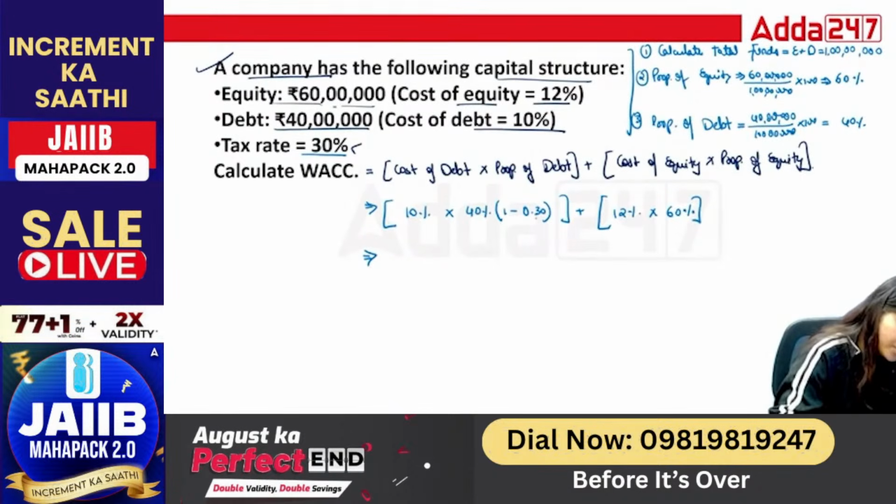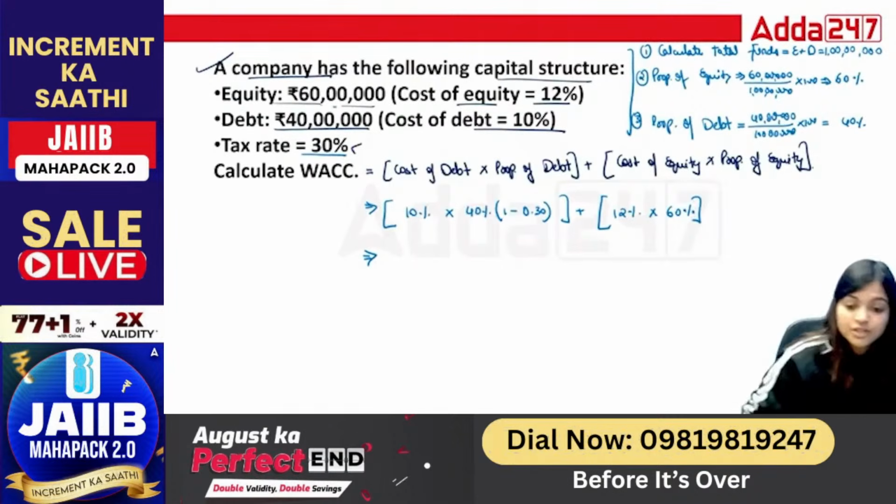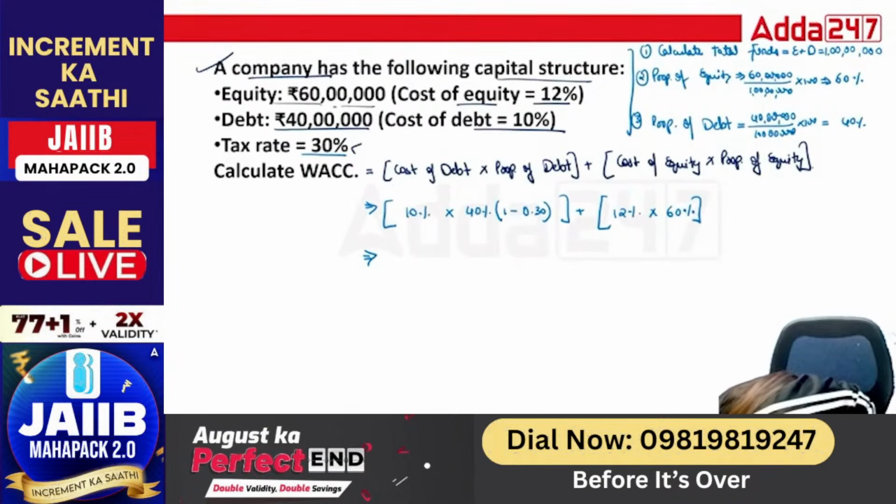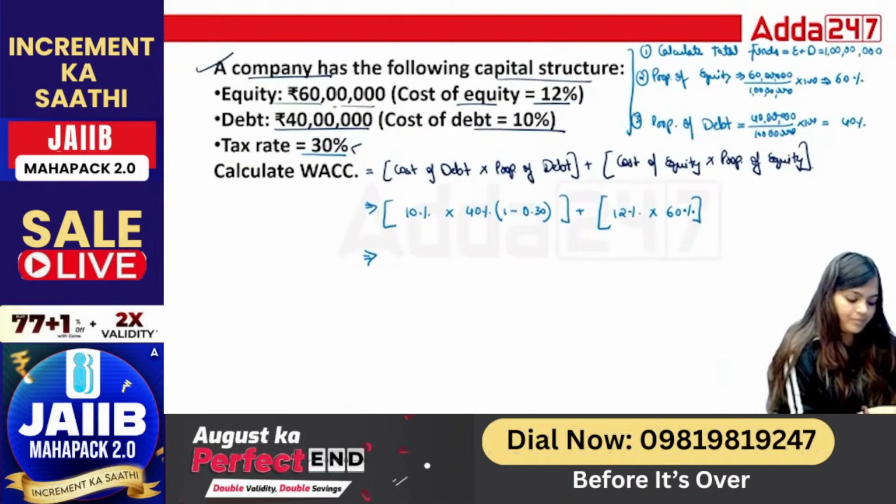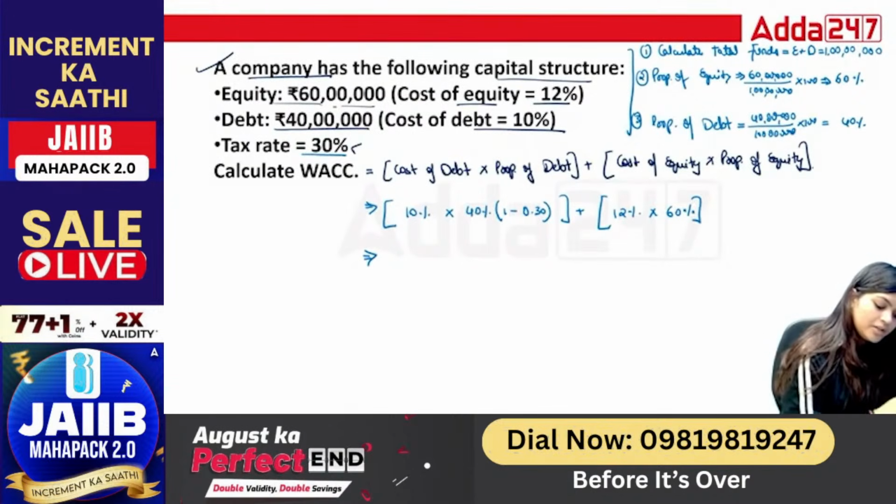So solve the bracket first: 0.7 into 40% into 10%, then 60% into 12%.